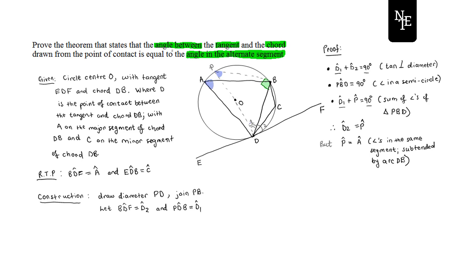Let's put a stripe on it. Right, so what do we have so far? We have angle D2 is equal to angle P. We have angle P is equal to angle A. Those two things are equal to angle P. So therefore, angle A is equal to angle D2.